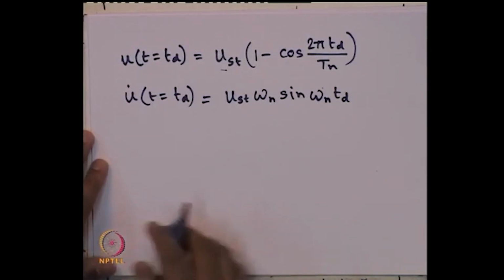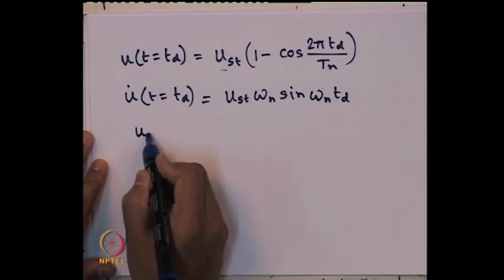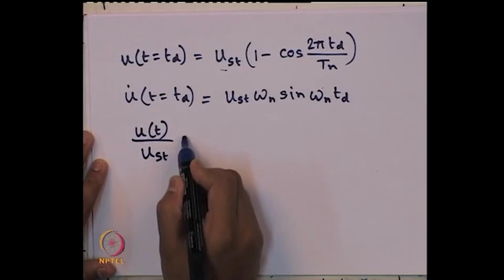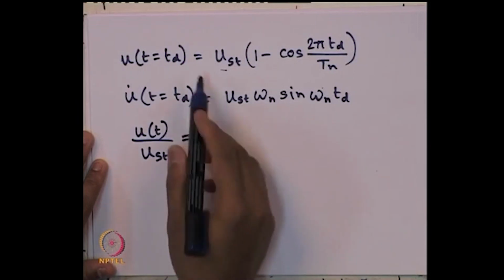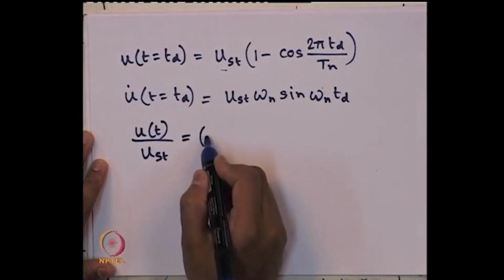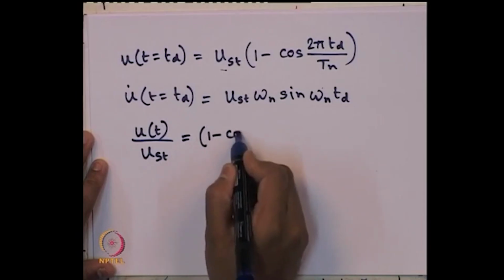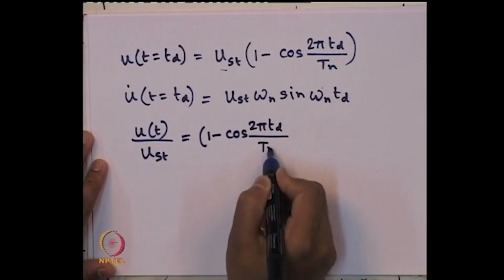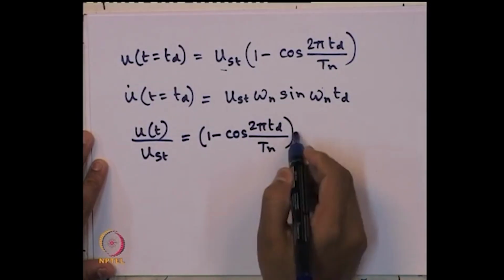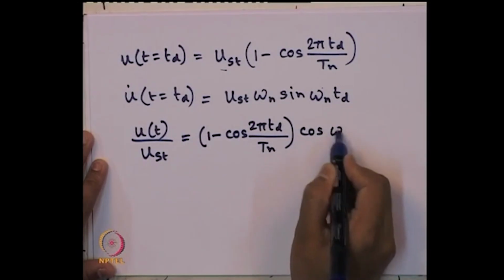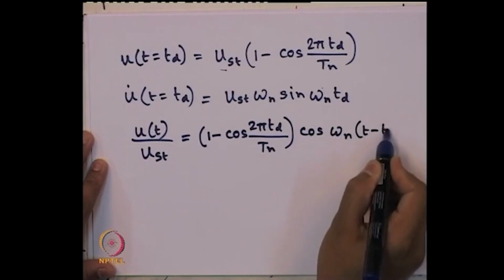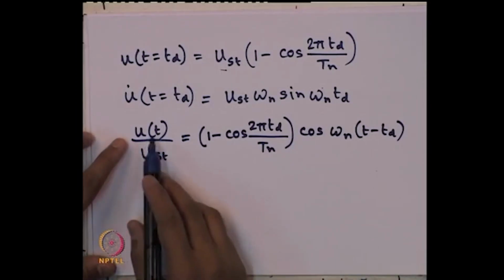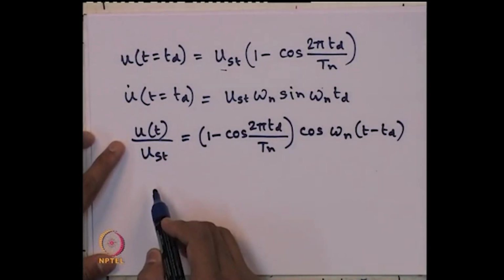Fine. Therefore, we can write u of t by u of st, static, as the initial value 1 minus cosine of 2 pi T d by T n, times cosine of omega n times t minus T d. I am now writing the complete solution for the second phase, that is the free vibration phase.